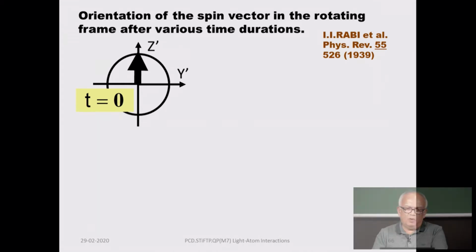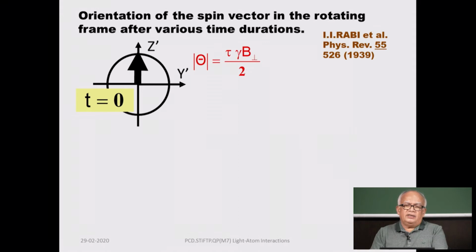This is a famous work due to Rabi in 1939, and this is for t equal to 0, where you have an alignment along the z prime axis.